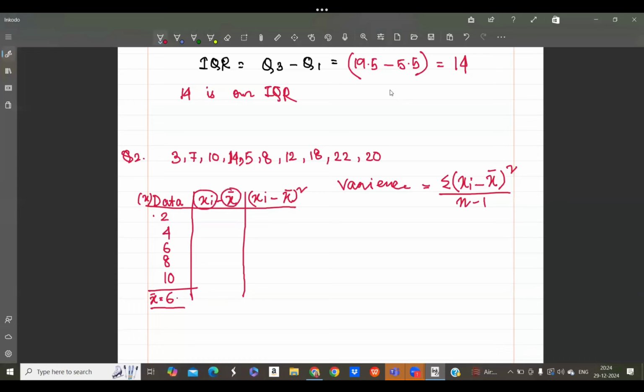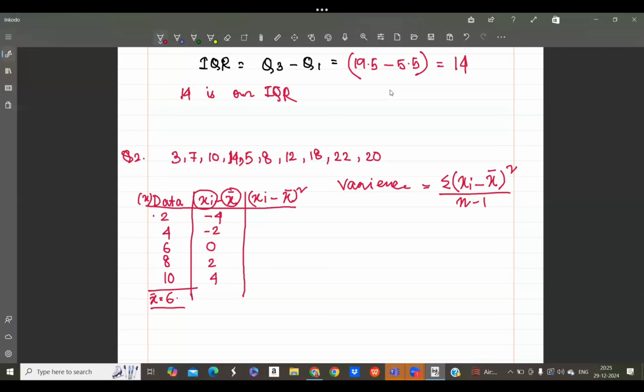So here what we will do, we'll do 2 minus 6. 2 minus 6 मतलब? -4. Yes. Next. -2. Next. 0. Next. 2. Next. 4.